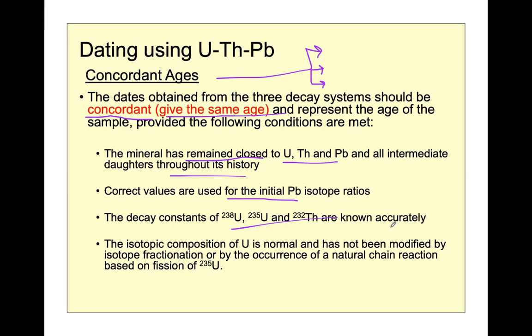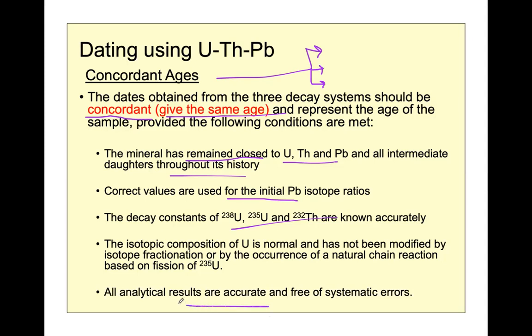So you must have the system closed for this isotopic systematics, so that you get a proper or clear age, right? And of course, the analytical results are correct and free of errors, some human errors or systematic errors during the procedure.